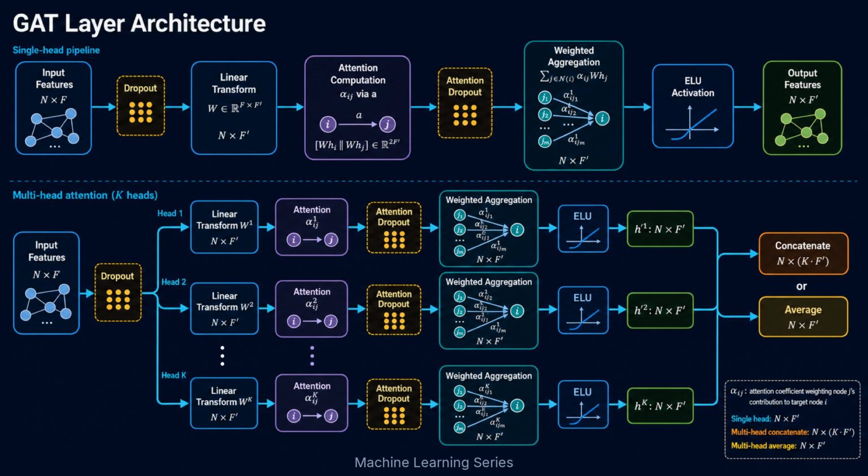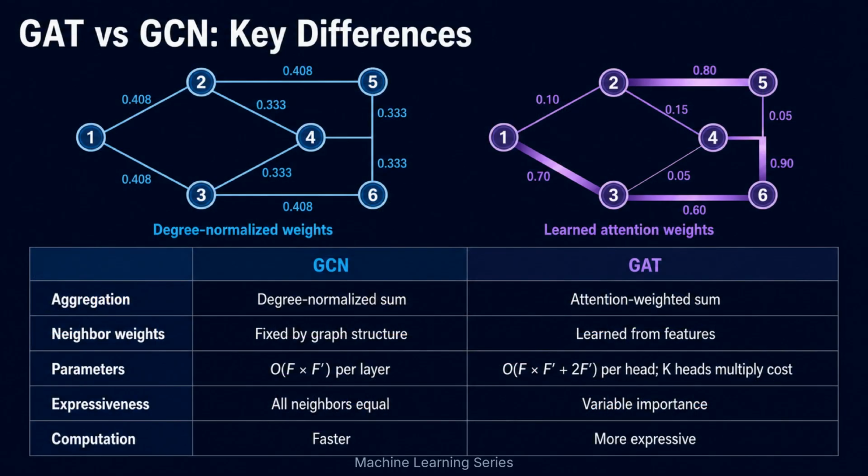The weighted aggregation combines transformed neighbor features according to attention weights. An ELU activation introduces nonlinearity. ELU is preferred over ReLU for smoother gradients. For K-head attention, we maintain K parallel computations with dimension F prime per head, outputting K times F prime dimensions after concatenation.